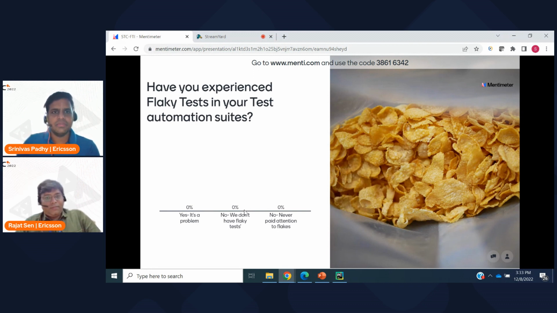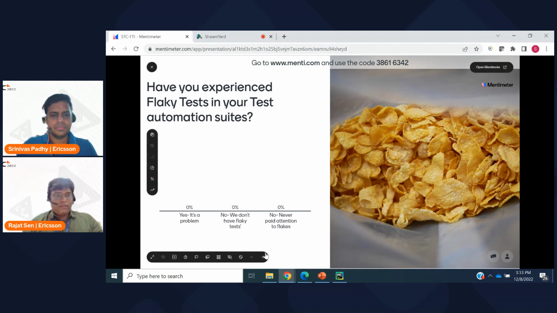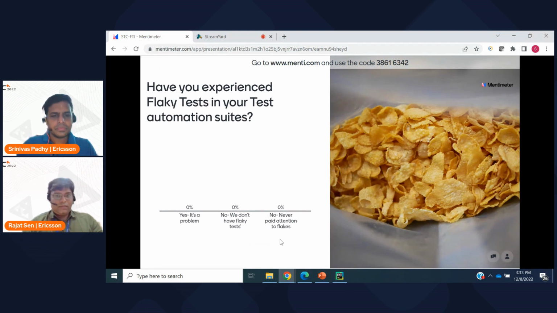It should reflect here if you are trying. Maybe some problem from my side. Rajat, can you try please? Right, Srini. Okay, so it's working.